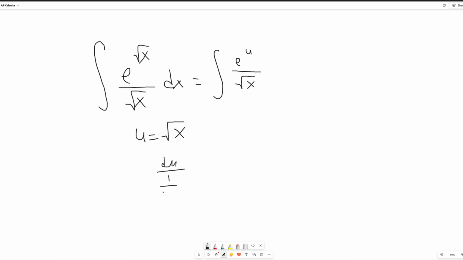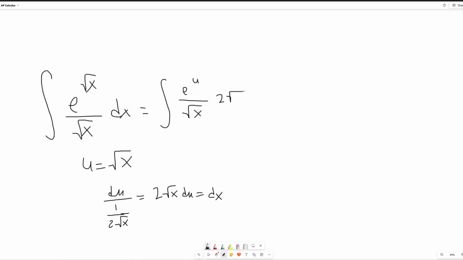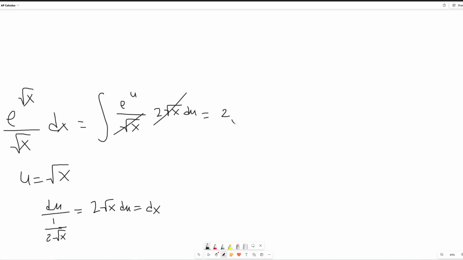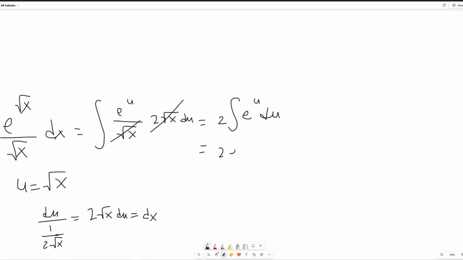Well, we just figured out 1 over 2 root x, which ends up being 2 root x du equals dx. Hold on. 2 root x du is our dx. And now, since we didn't sub this as a u, these cancel out. And then we just have 2 integral of e to the u du. Integral of e to the u is just e to the u. So you have 2 e to the u plus c, which is 2 e to the root x plus c.